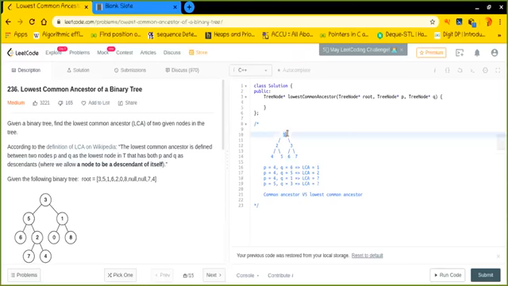So 1 can be the descendant of itself. That is why we can say that 1 is the child of 1. So in this example also, we can see that 1 is the responsible ancestor, because the outgoing edges coming from 1 reach all the way to 4.